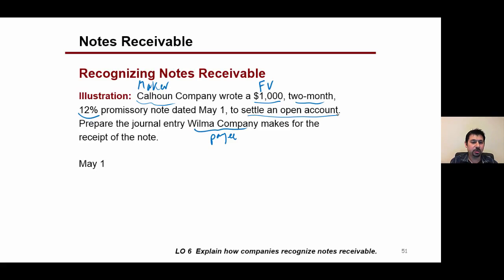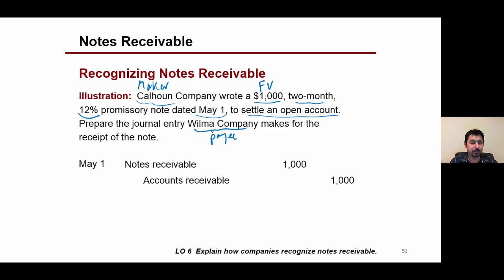So the maker, Calhoun Company, is not borrowing money, but they are settling an open account, which is accounts receivable. As a result, on the day it is signed, the company, Wilmar Company, which is the payee, will debit notes receivable 1,000 and credit accounts receivable 1,000.